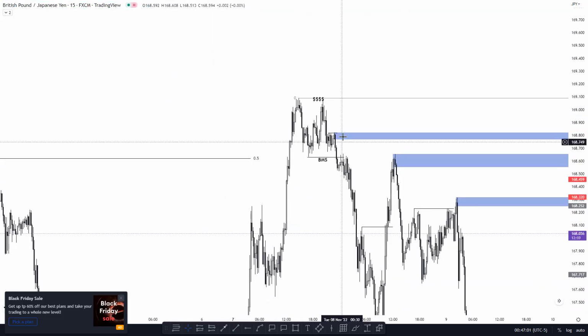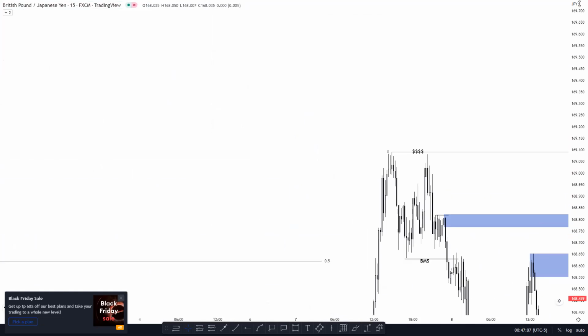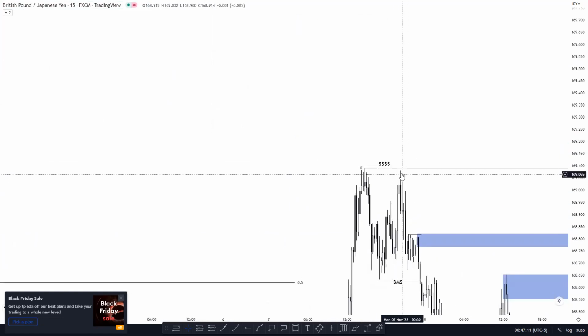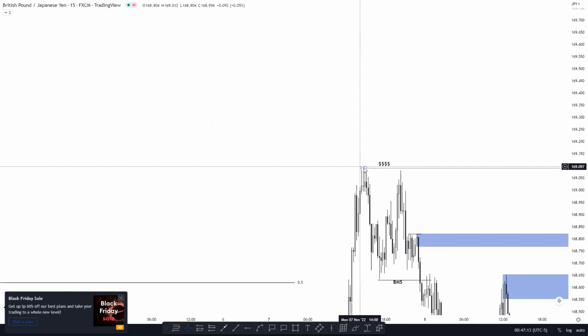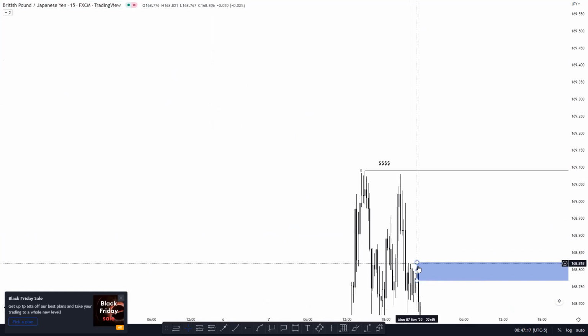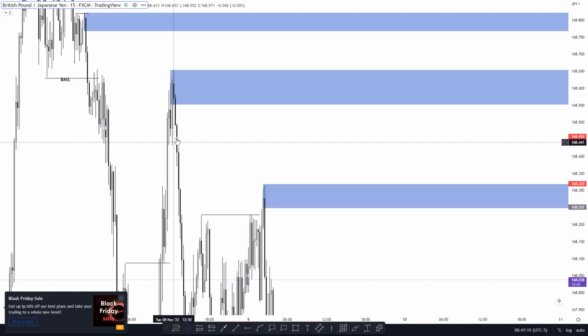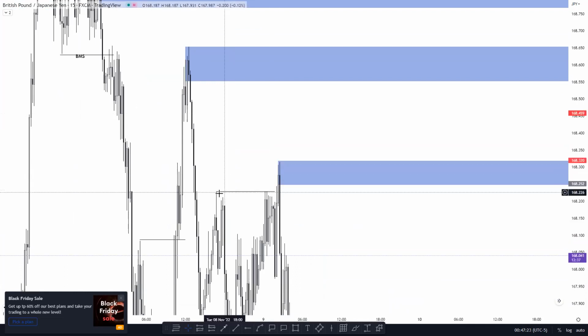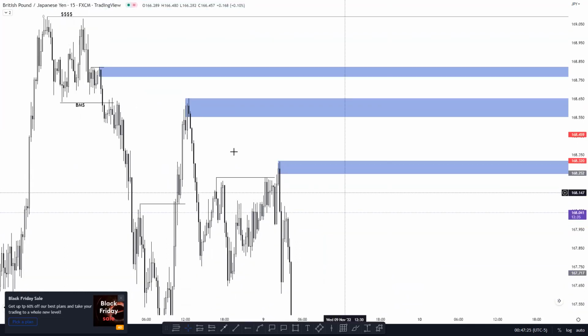And if market has taken out this high, we will not look for sells in here. Why? Because you see, this high has not taken out this high, so there is no liquidity grab here. But in here we had this liquidity grab, in here we had this liquidity grab, in here we had this liquidity grab, right?